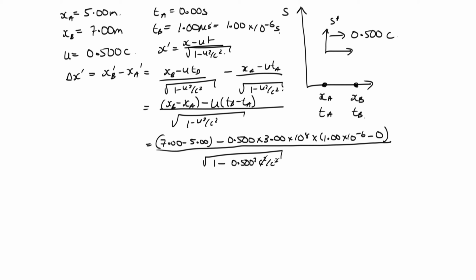So these two c squareds will cancel out, and we're dividing by 1 minus 0.5 squared, so this is 1 minus 0.25, which is the square root of 0.75.